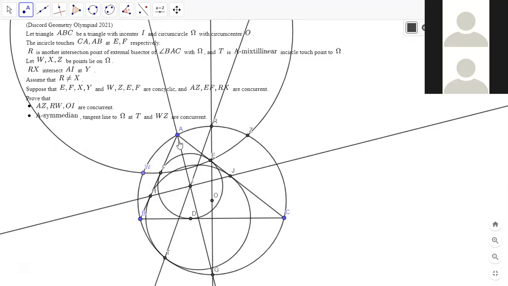So Y is somewhere on this, and EFXY is cyclic. Okay, so basically X is the intersection of EFY with the circle.